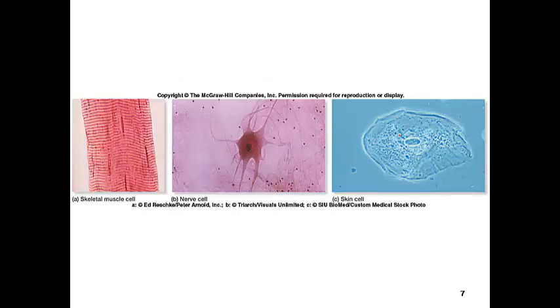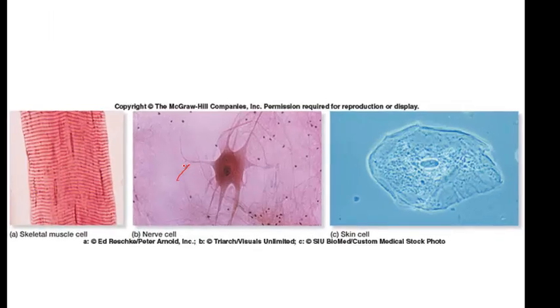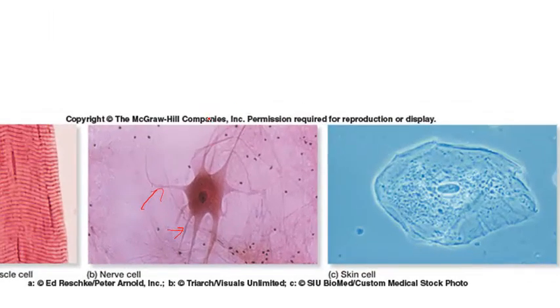And so here's a great example. We know a skeletal muscle cell is involved in contracting, and has to be able to shorten and then lengthen in order to support activities. That's very different than a nerve cell, which you can tell just from its structure. Notice these long extensions that are able to receive and send signals. Very different than what a muscle cell would do.